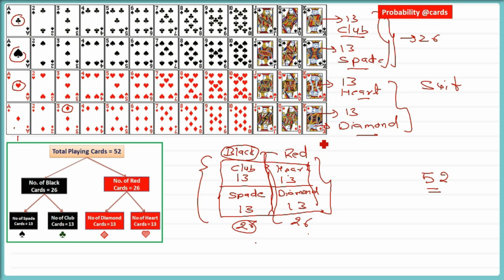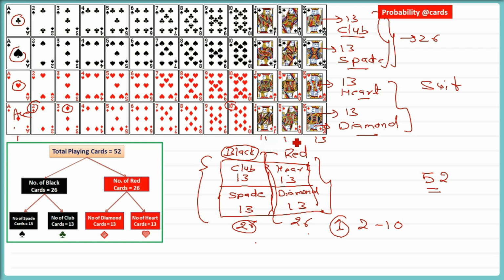Now if you see a particular line of the cards, that is the 13 cards, they are from 1 to 13. But the number cards are only from 2 to 10. Normally we assume it should be written as 1 to 13. But the first card is not called 1, it is called an ace. 2 to 10 are numbered cards.